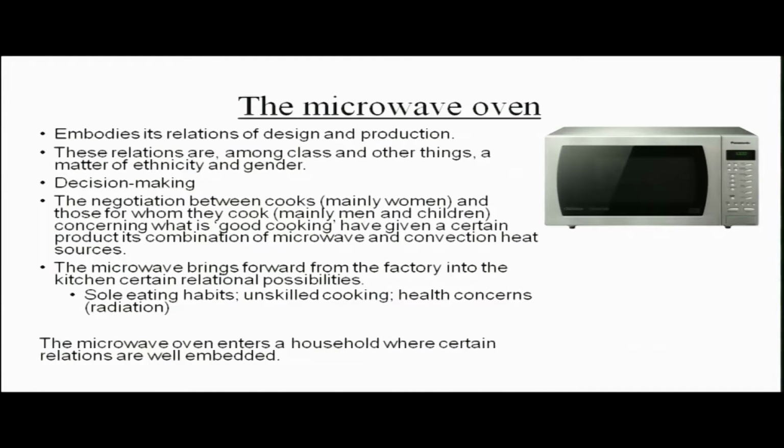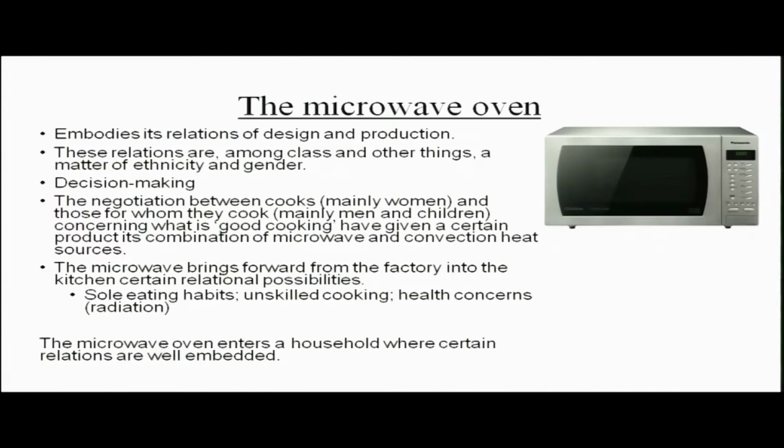So you see how very subtle power geometries are negotiated with assumptions or perceived assumptions that we have talked about earlier. So we see that some of this research has also focused on the fact that the microwave brings forward from the factory into the kitchen certain relational possibilities.